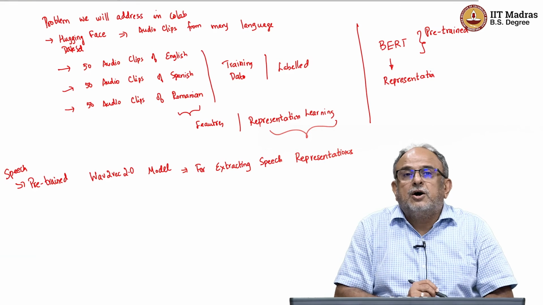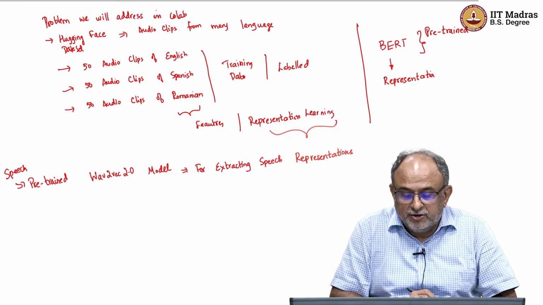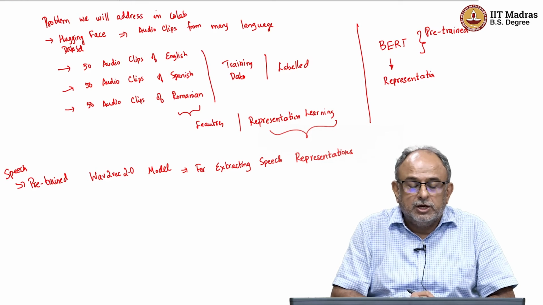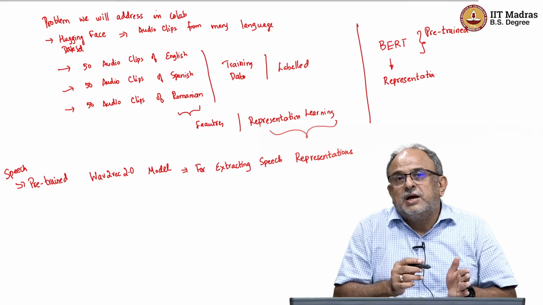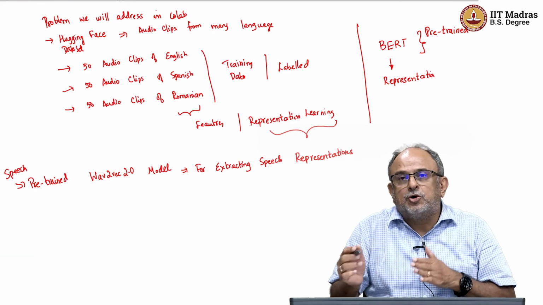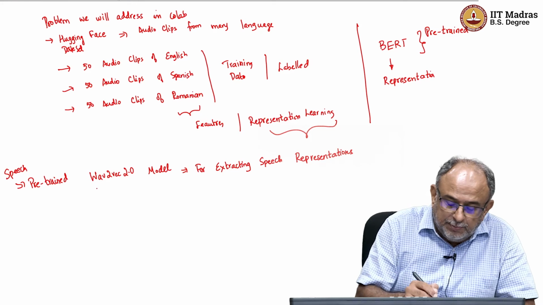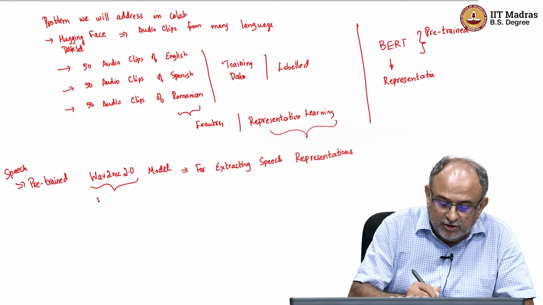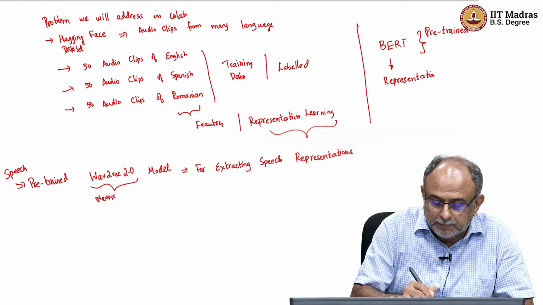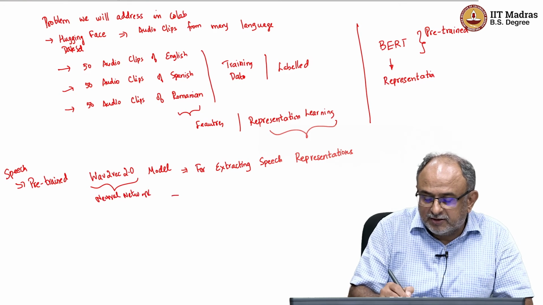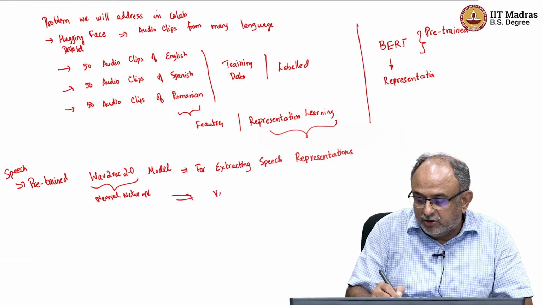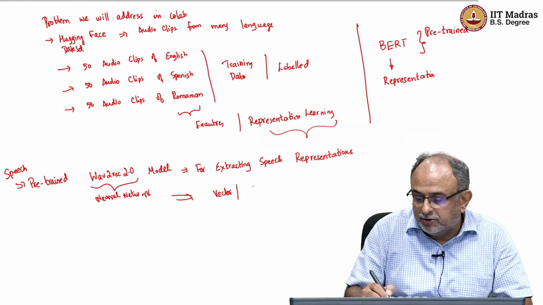Now that I have this, what will I do? Given the audio clip, I will first have to extract the features, which means I will pass this audio clip through this deep neural network, and I will get some vector or speech representation.